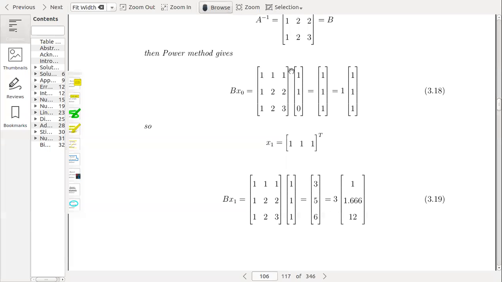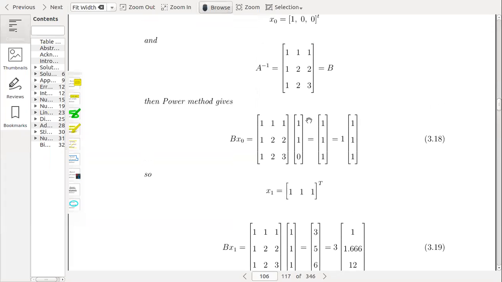I think it is 1, 0, 0. So this is actually 1, 0, 0, not 1, 1, 0. Okay.